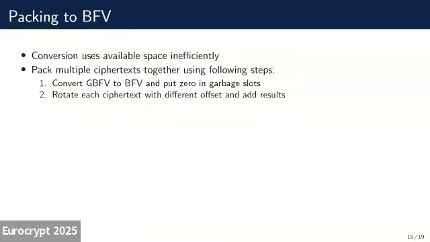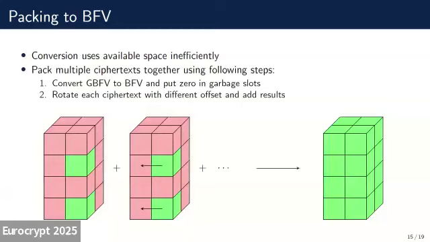Now note that the conversion routine from the previous slide doesn't really use the available BFE space efficiently, since there are many of these garbage slots. And for that reason, we also propose a packing method that assembles multiple GBFE ciphertexts together into one BFE ciphertext. Okay, so what happens here is that this time we get as input multiple GBFE hypercubes.